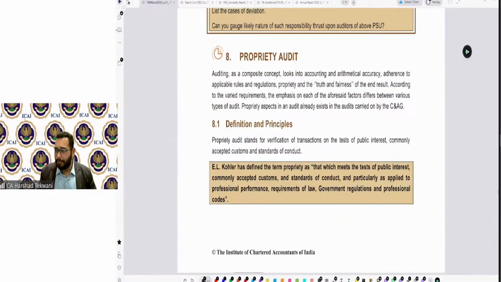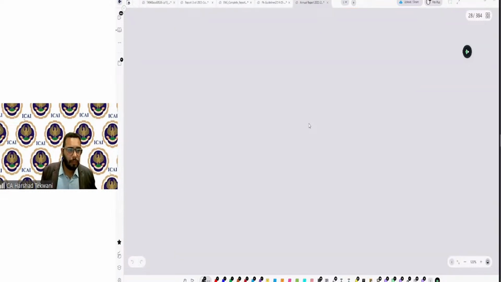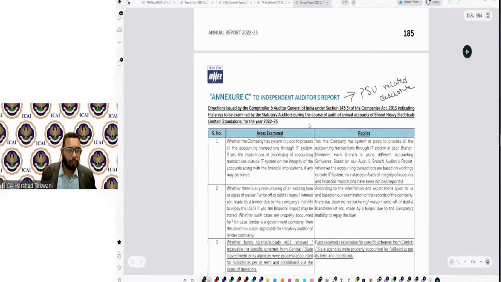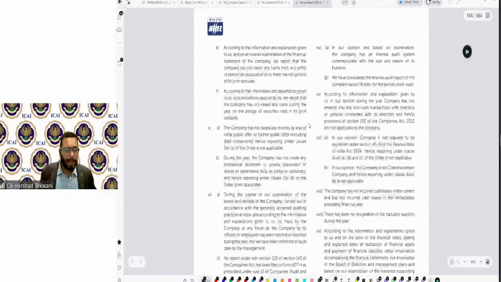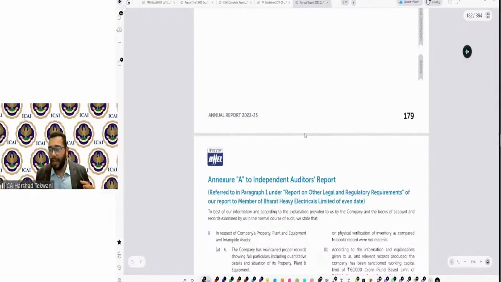For example, in the case of a company, the matters enumerated in section 143(1) are proprietary in nature.